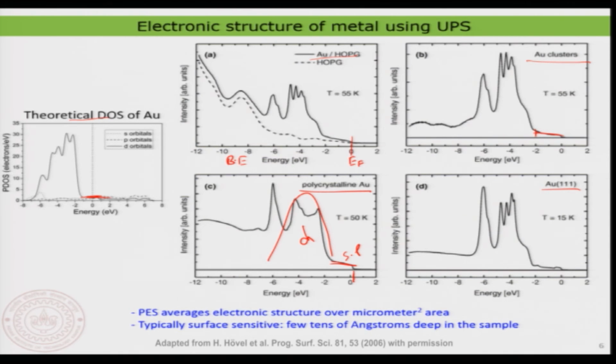But now something interesting I want to show you is in the case of this one here, the gold 111 surface. You see something special there. In all the cases the density is somewhat flat around that region, but only for the gold 111 surface you see some kind of a step-like feature in the density of state, particularly in the SP band.